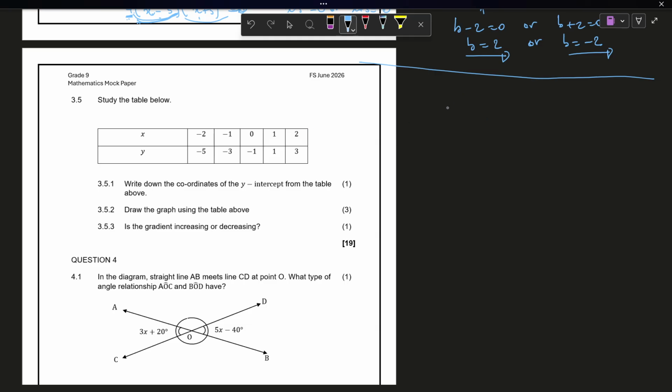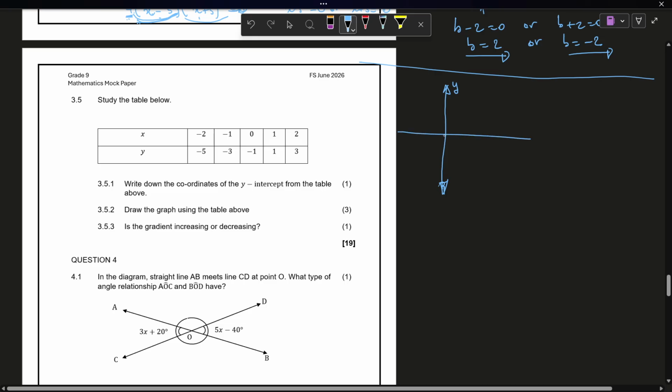What is y-intercept? We know normally we've got a Cartesian plane. Let me draw a Cartesian plane. It's like this. So this will be the y-axis, and on both sides it continues infinitely. And then this side, you have the x-axis. So here they are asking us to find the y-intercept. Y-intercept means, suppose we have a curve like this.